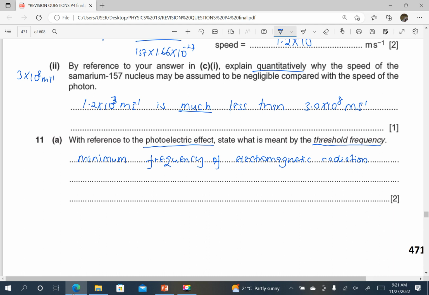The threshold frequency is the minimum frequency of electromagnetic radiation, or the minimum frequency of a photon, required to cause emission of electrons, or below which no photoelectric emission occurs.